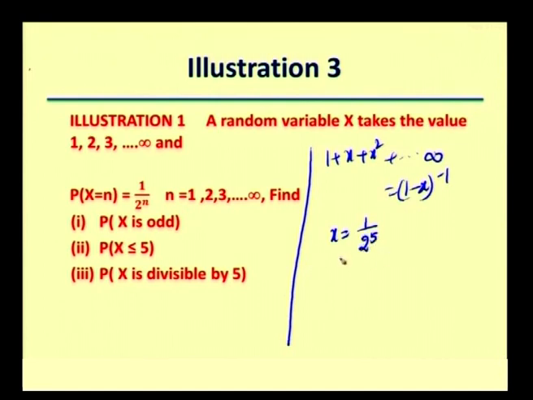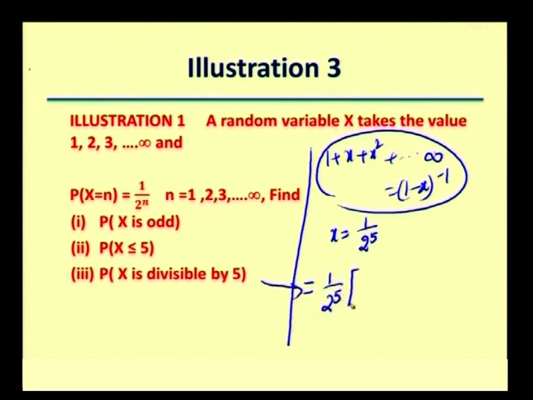Applying this formula for the series, we have P of x is divisible by 5 is equal to, already (1/2)^5 is taken outside, so (1 minus (1/2)^5) whole power minus 1.